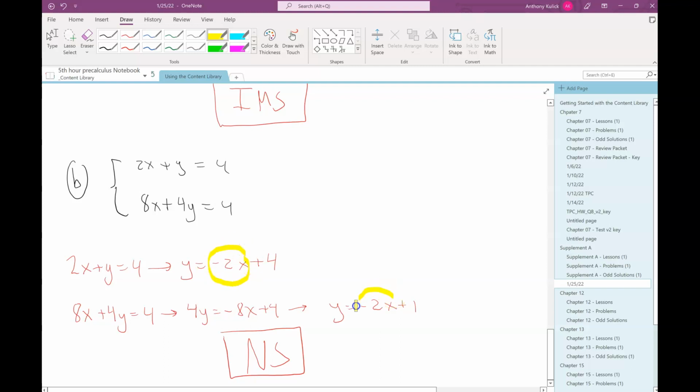Well, no, because I remember that if lines have the same slope and different y-intercepts, that would be enough to tell me that these two lines are parallel, which would imply no solution. So if I just looked at the two y-intercept equations, I could have figured out that this was no solution without having to draw any graphs.